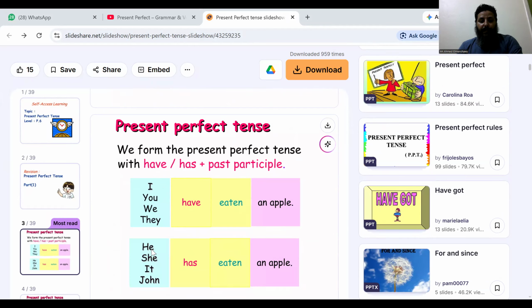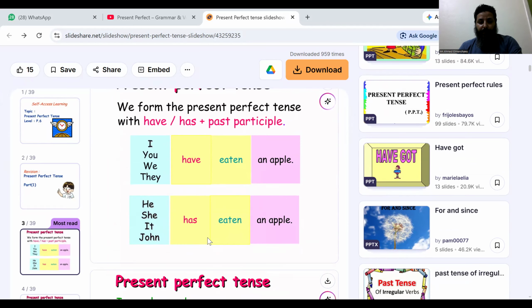And we use has with he, she, it, and the singular subject, such as the boy, the girl, Muhammad, John, and so on. Then we use the past participle, like I have eaten, we have eaten, they have eaten, he has eaten, she has eaten, and so on.